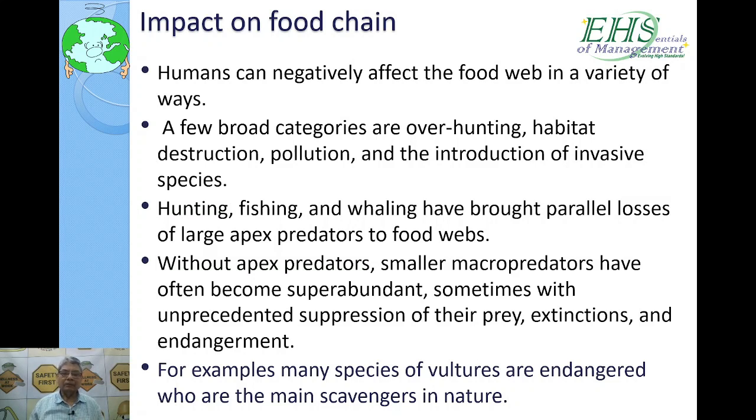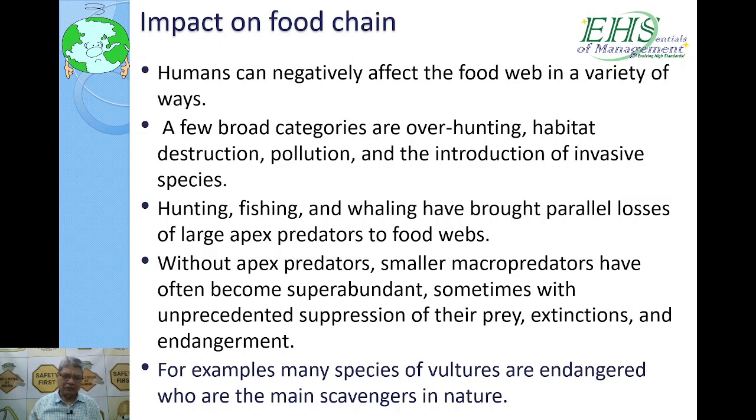What will happen? The micro predators will become super abundant, so their number will increase, and because of that there will be food scarcity for them, right? And if the deer are extinct, the tigers will be in danger, because they are dependent on each other.